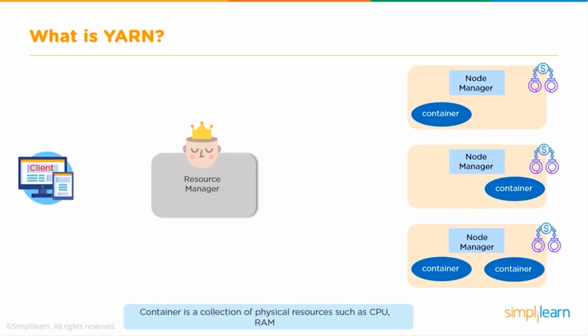For example, in this case, your resource manager will negotiate with node manager 1 for 3 GB RAM and 2 CPU cores, and similarly 3 GB RAM and 2 CPU cores with the second node manager. This request for holding resources which will be used for processing is called a container.